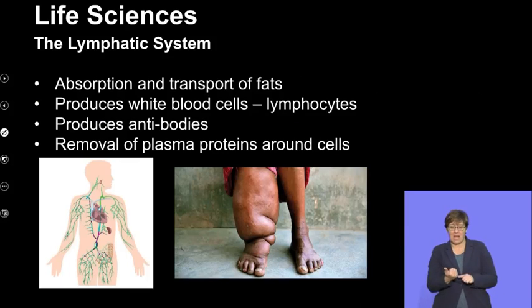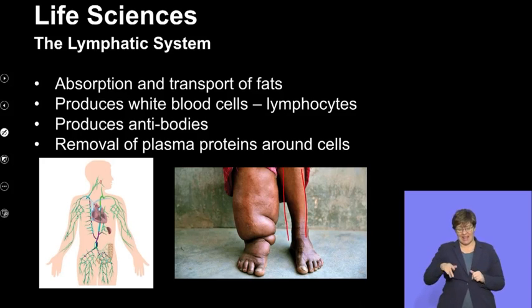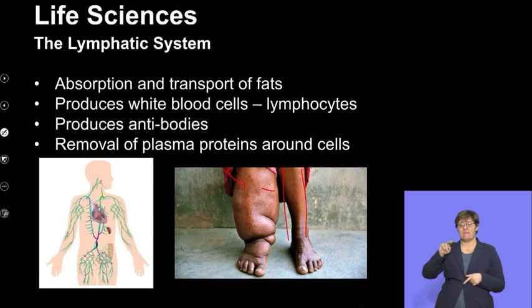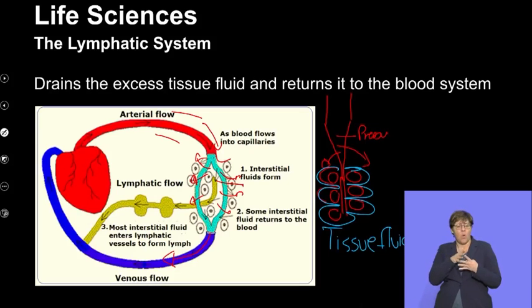I'm going to show you the next slide. This is what's going to happen. Look at this poor lady over here. This is what a normal leg should look like. What's happening here is all the lymph fluid is going into the tissue fluid, and the drainage is not happening. It means that her lymphatic system is not working.